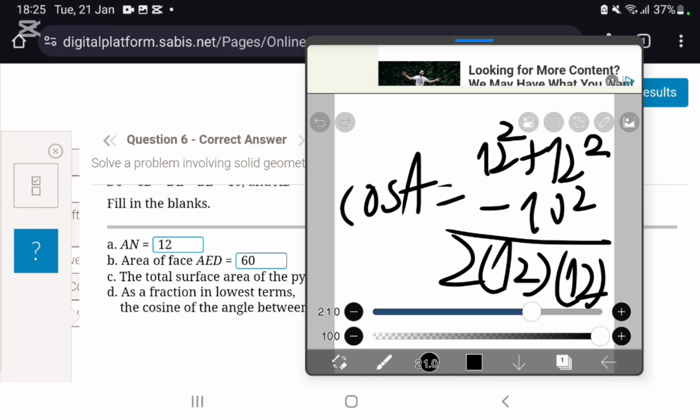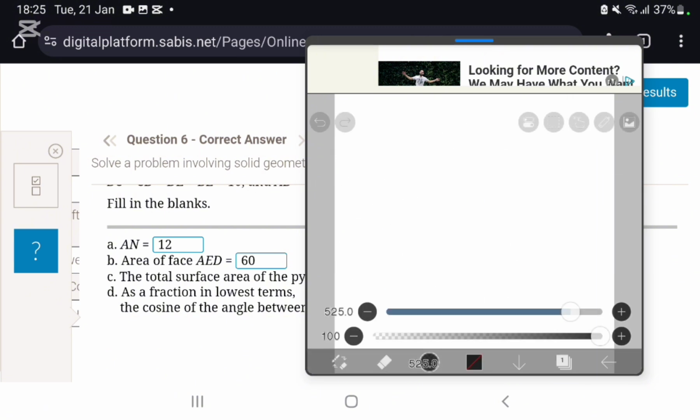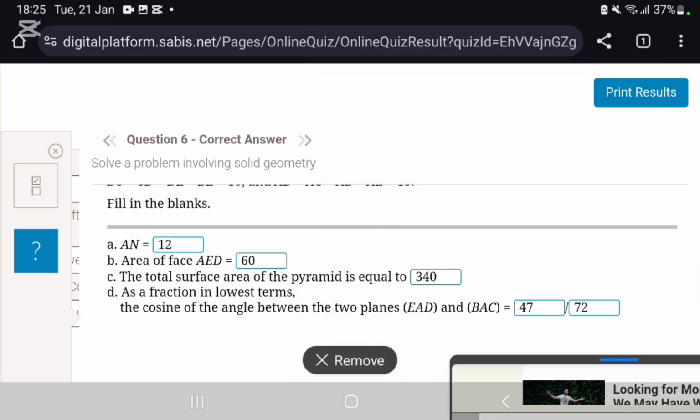But if you press the button that makes decimals into fractions, you'll get that it's also 47 over 72.